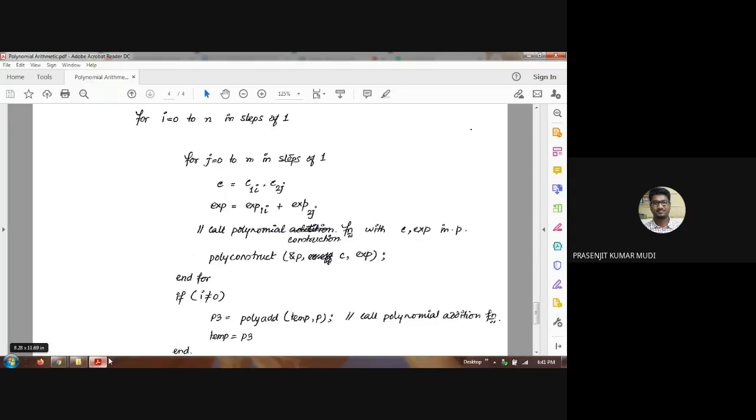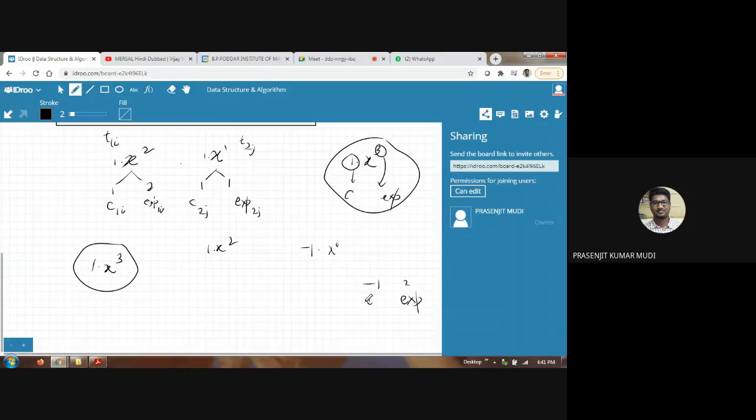So these two lines of algorithm are actually computing the coefficient and the exponent.